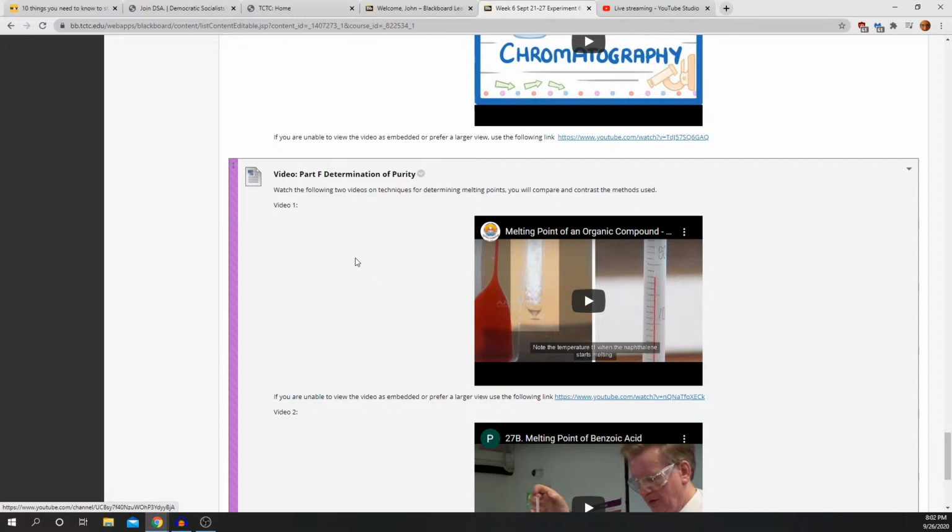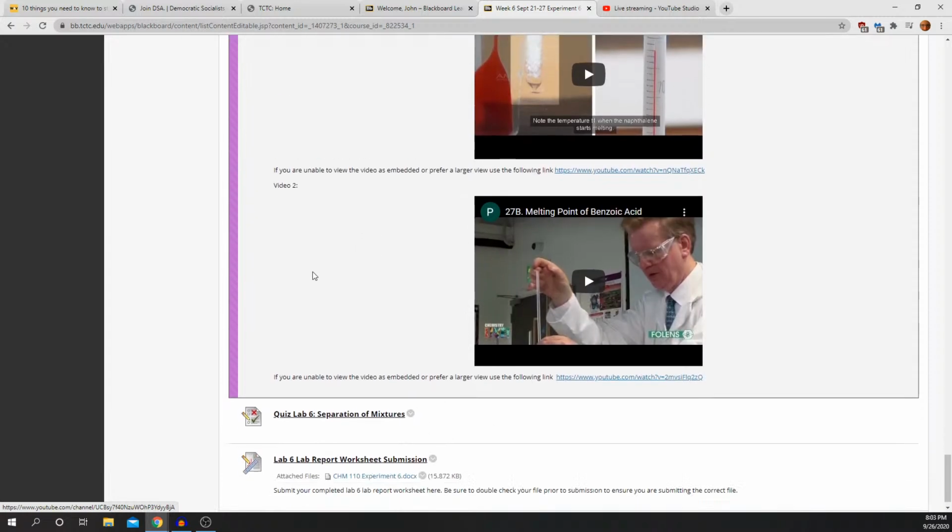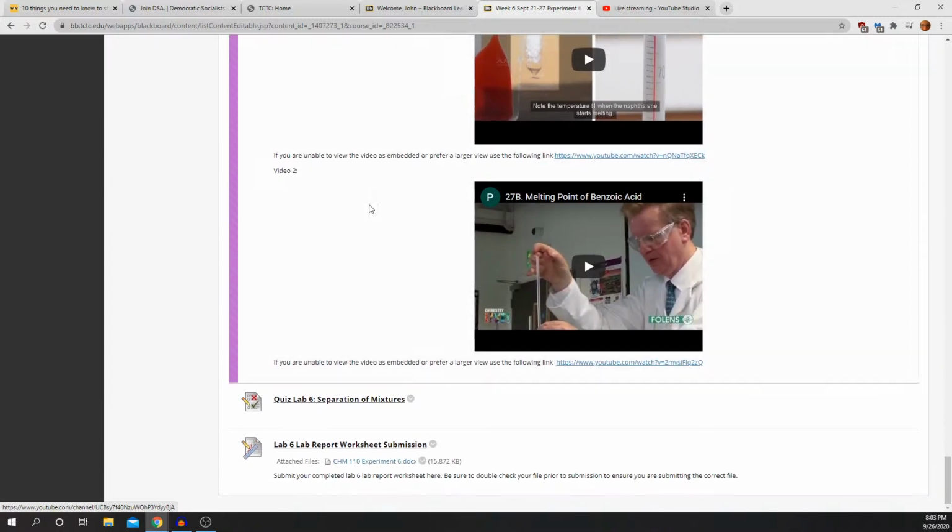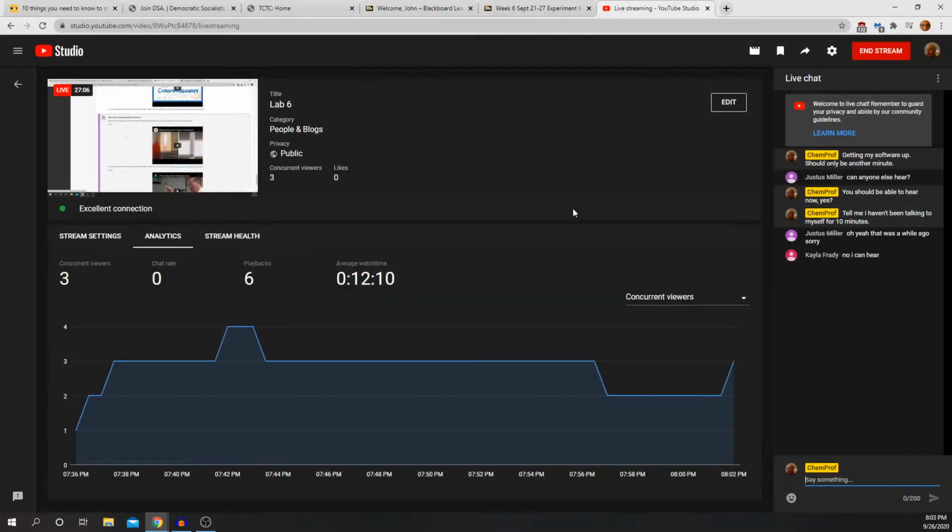In that case, all you're doing is watching it to see when it melts. You measure the melting point at which it melts, and compare that to the melting point of the pure substance. The closer they are, the purer it is. All right, so that is Lab 6, looking at different mixtures and different techniques.